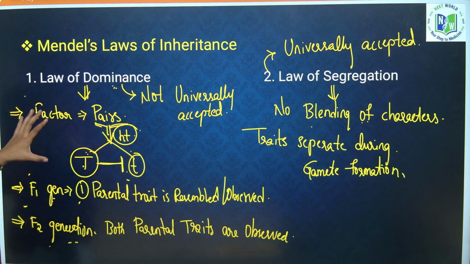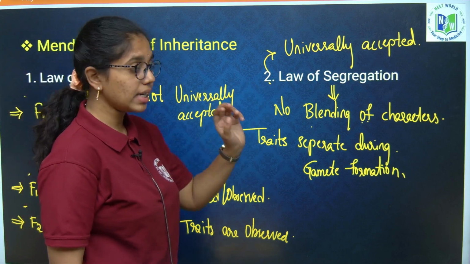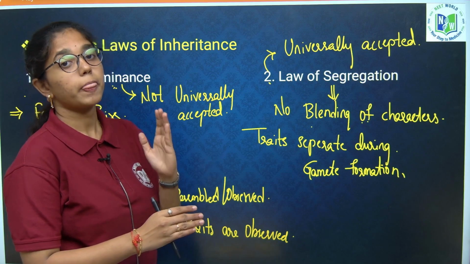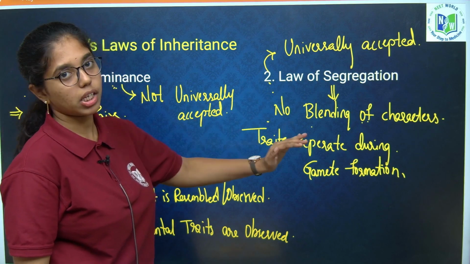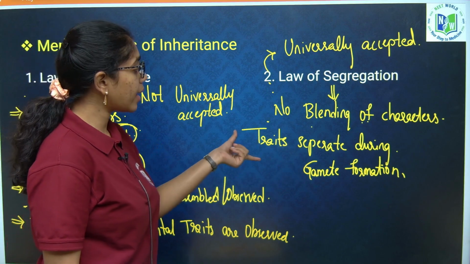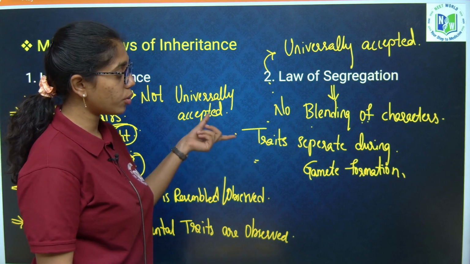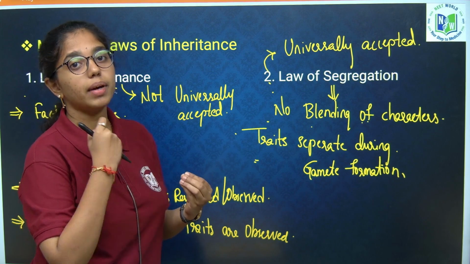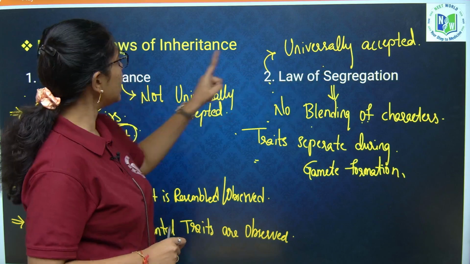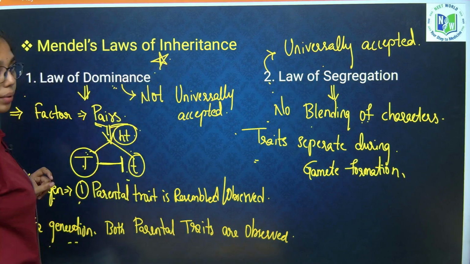In the law of segregation, at the time of crossing or combination of two traits, there is no blending or mixing of characters, and traits separate during gamete formation. Each trait is individually expressed. The law of dominance is not universally accepted. Important point to be noted.